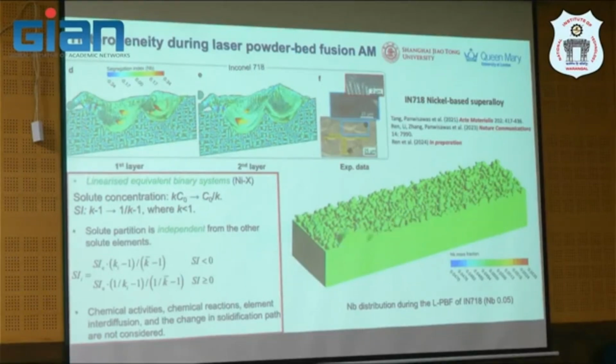Because niobium will form the Laves phase, which is a brittle phase and is detrimental for the structure. If this phase is formed, that means it's so bad, so the life of the material will be decreased significantly. So we want to understand this as well.